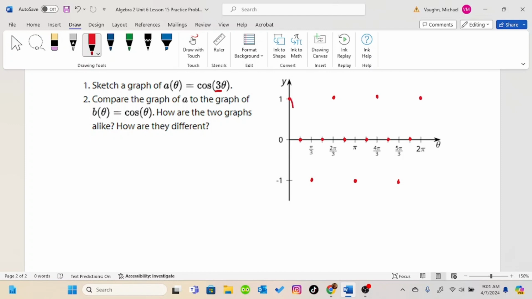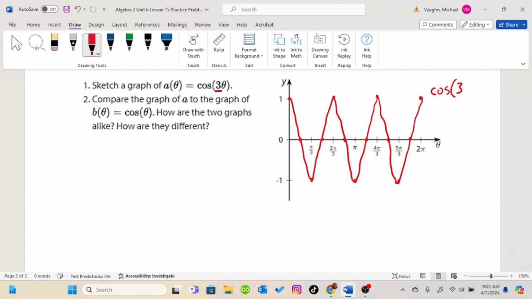So now we can draw our graph. So this is the graph of cosine 3 theta.